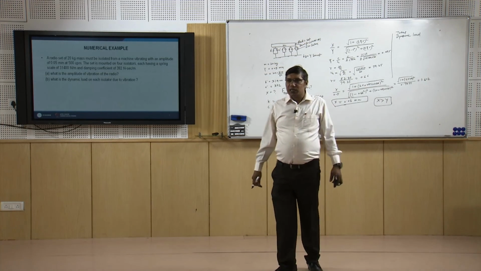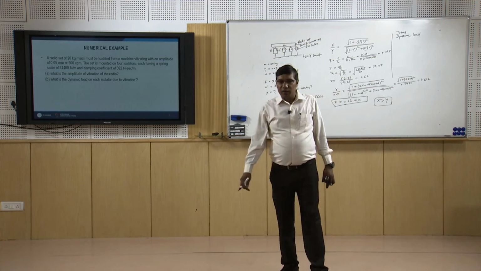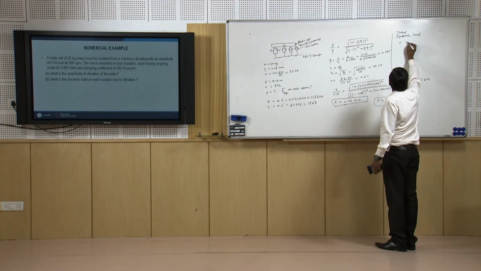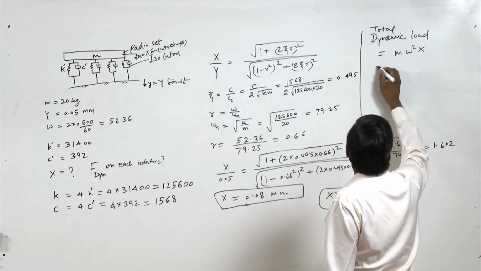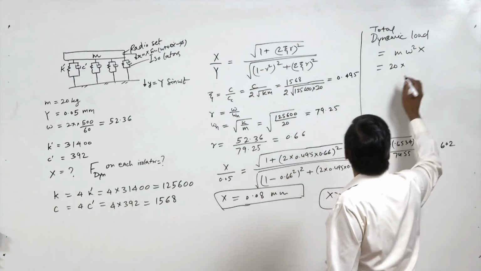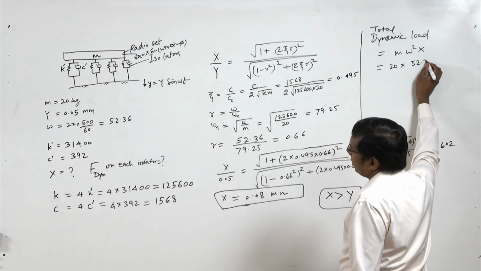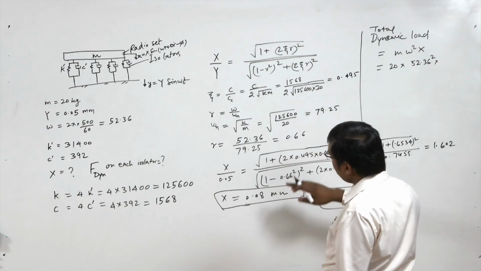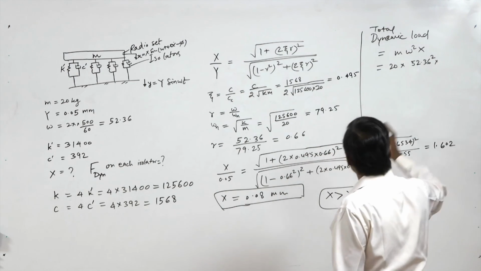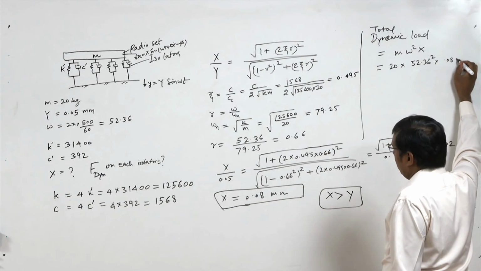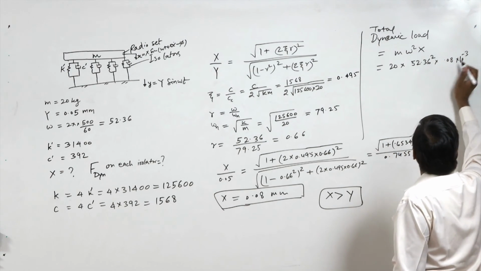So this mass has the inertia force m omega square X. M is 20 and omega we have 52.36 square into X. X we have got 0.08 into 10 power minus 3.